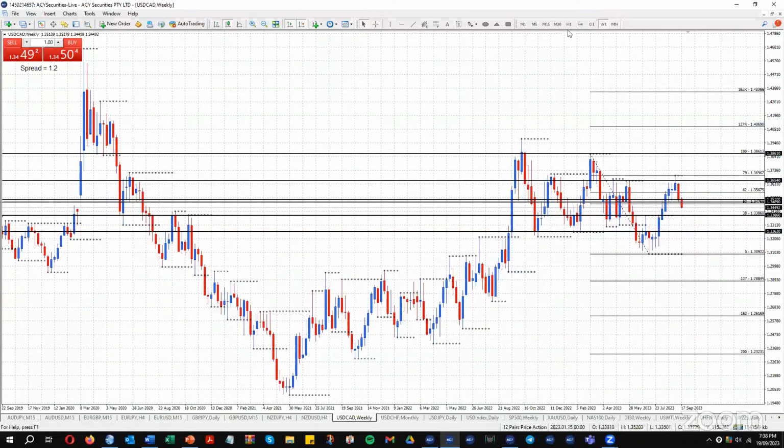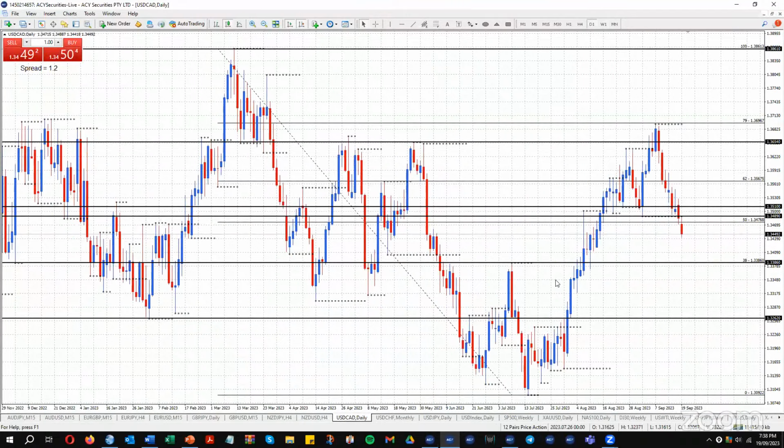All right, so now we haven't really had a rally since we topped out up here. Unless we get very negative moves, we usually get a pullback. So we haven't had a pullback within this downward phase that's starting to unfold here.